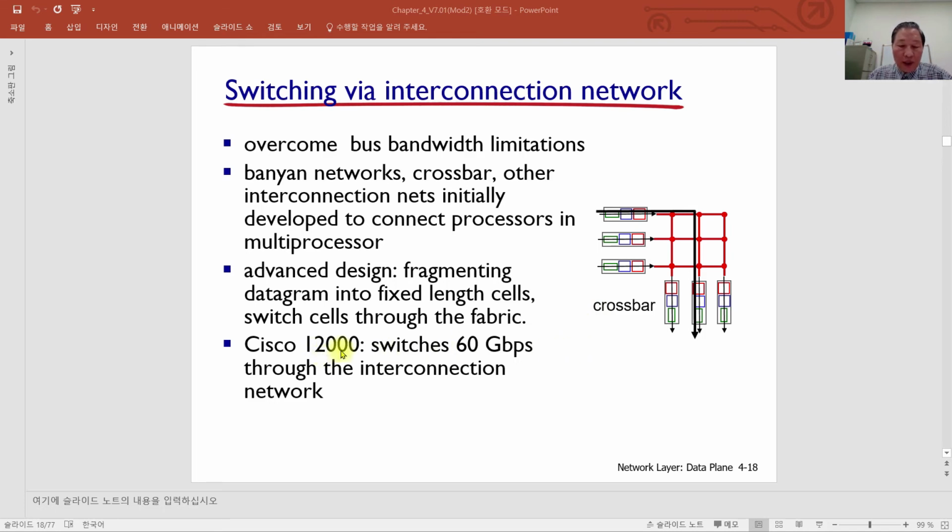The Cisco 12000 router uses this architecture. You can observe the model number. If the model number is higher, then it provides higher speed and is more expensive. This one provides a switching capability of 60 gigabits per second through the interconnection network.